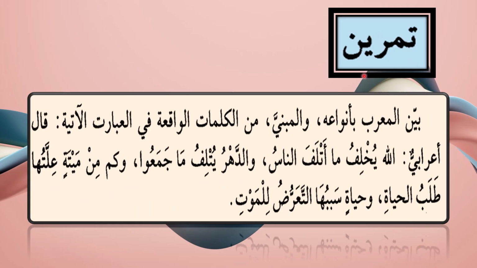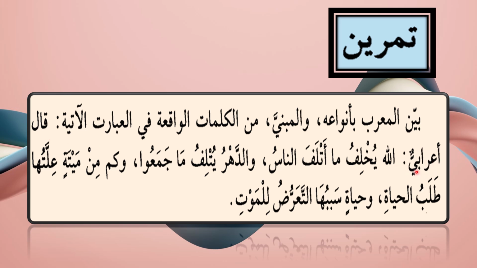Coming to the tamreen exercise, this is the question on picking out the mu'rab nouns and the mabni nouns. Bayin, clarify al-mu'rab bi anwa'uhu, means its type, and mabni. So you need to pick these two kinds of nouns from the phrase below. Min kalimat al-waqi'ah fil ibarat al-atiyah. Qala Arabi.